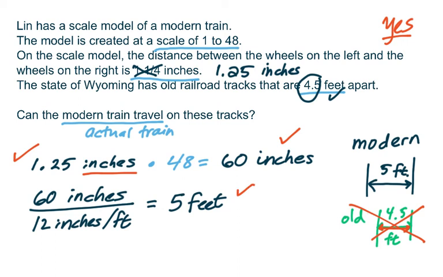And then you need to compare the modern and the old and make sure that you realize that the old train tracks in Wyoming are too close together. And so you can't take that modern train and put it onto the train tracks in Wyoming. So the correct answer here was no, that actually if you tried it, it's the wrong size. The tracks are the wrong size. But there are lots of places where you could have made a mistake that would have made you choose the answer of yes.